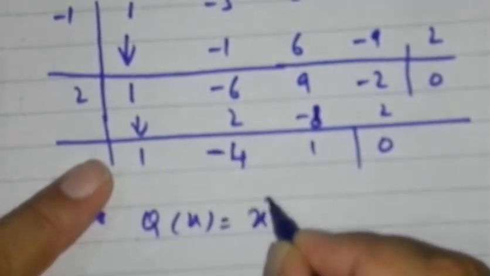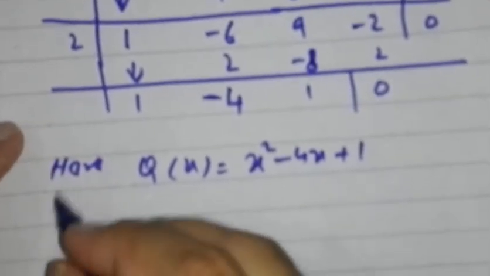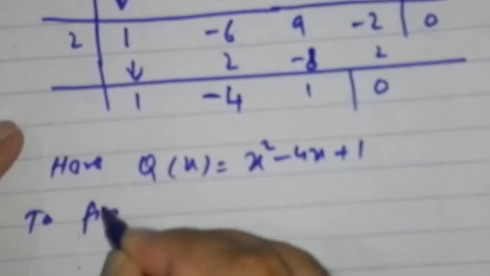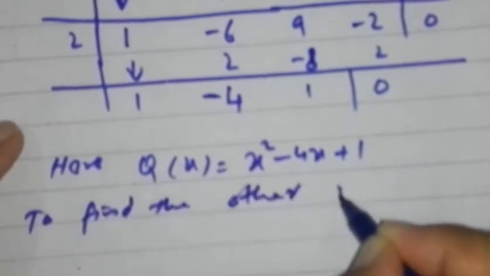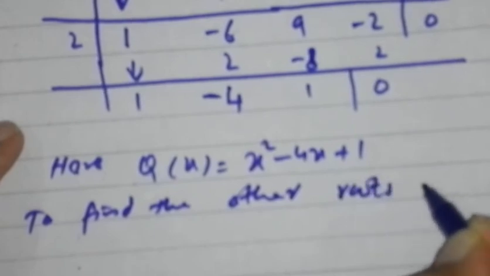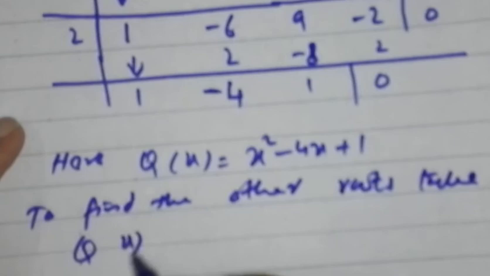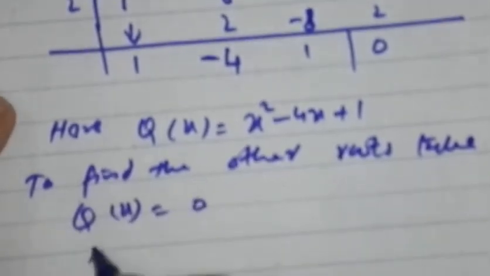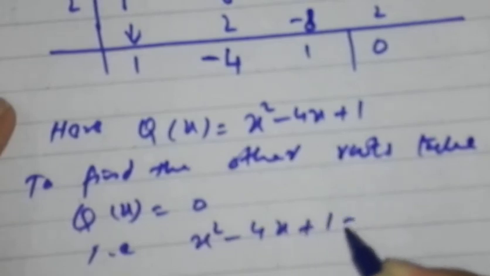So x square minus 4x plus 1. To find the other roots, take q of x equals to 0, that is x square minus 4x plus 1 equals to 0.